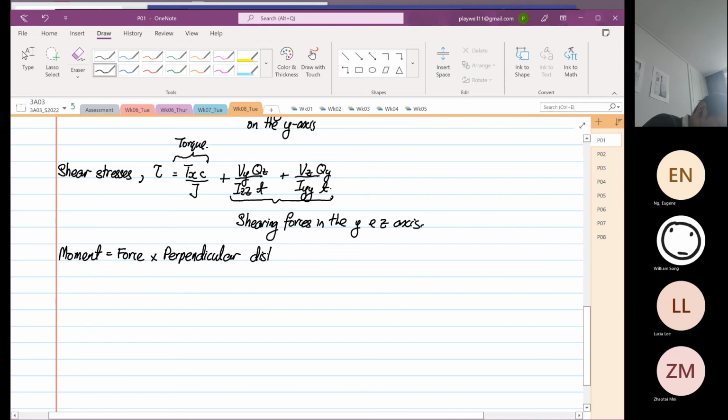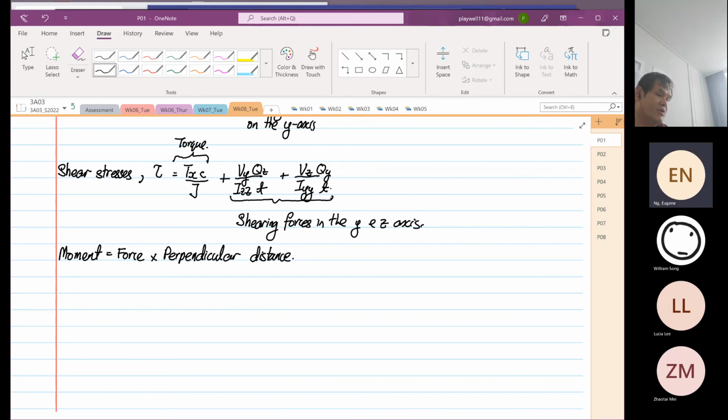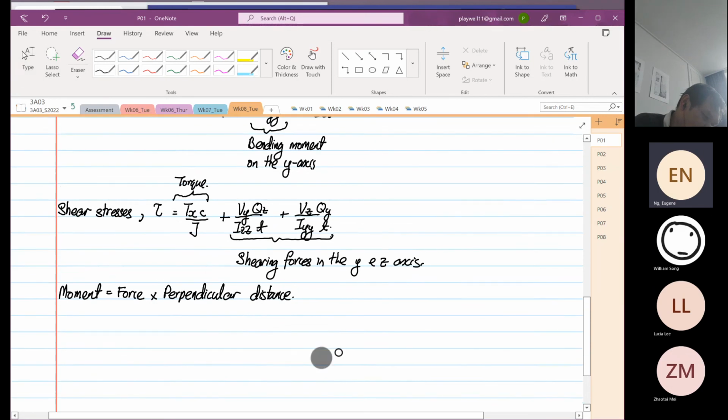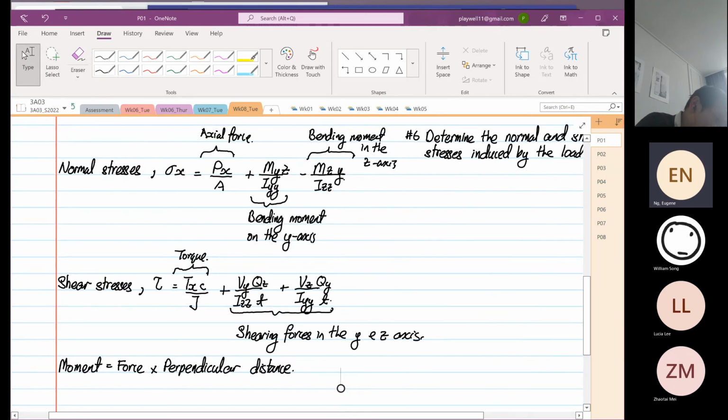In fact, what I'm writing now can be a very good summary sheet for you to study for analyzing compound loading situations. So moment is equal to force multiplied by perpendicular distance. So we are going to focus on this.